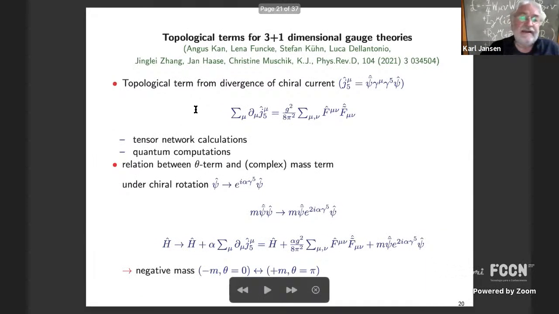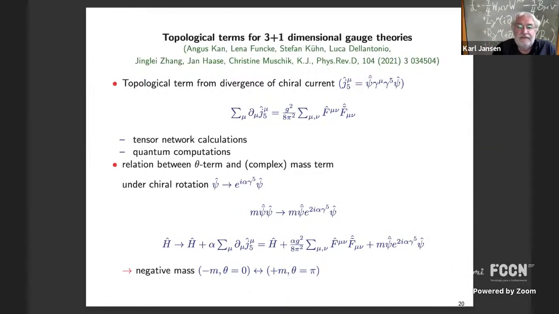So what we did then is we were thinking of going to 3+1 dimensional gauge theory. This is very ambitious. What we wanted to do is to study this 3+1 dimensional U1 gauge theory, or also non-abelian, in the presence of a topological term. For this, we didn't find a derivation of the topological term in the Hamiltonian formulation. We thought about this for a pretty long time, how this should come out.